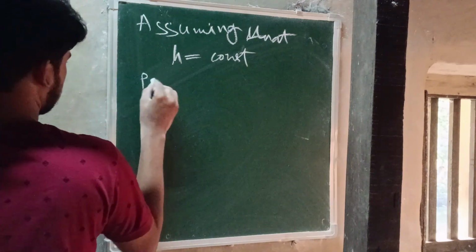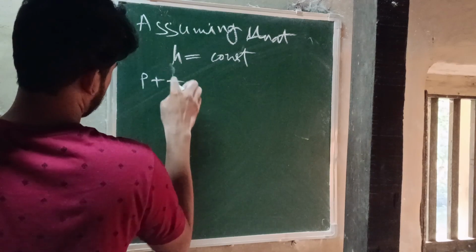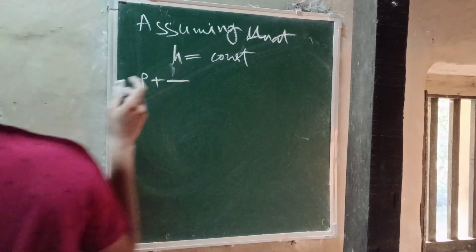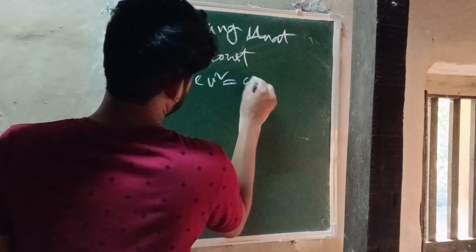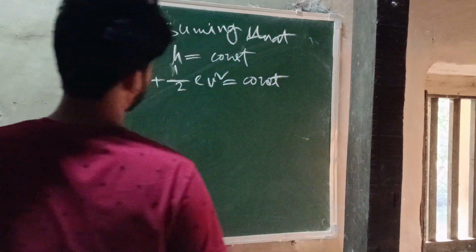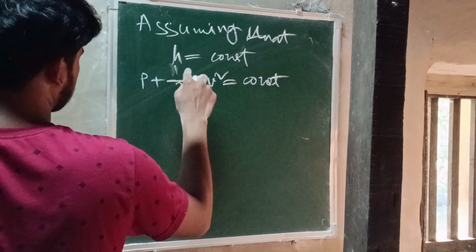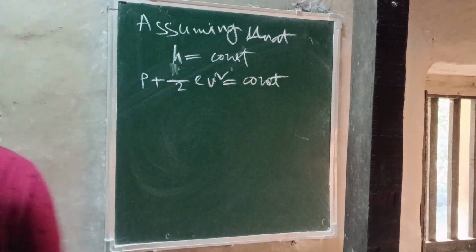Then the equation becomes half rho v squared equals constant, as h is constant.